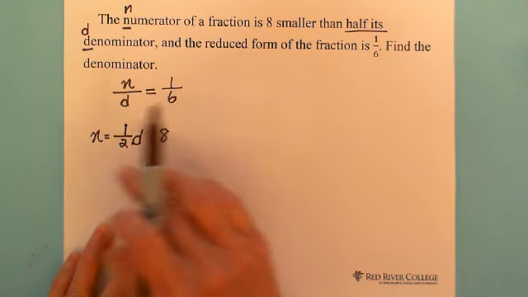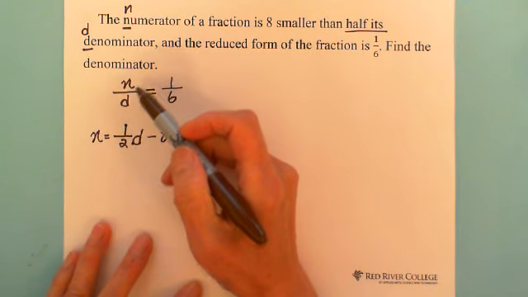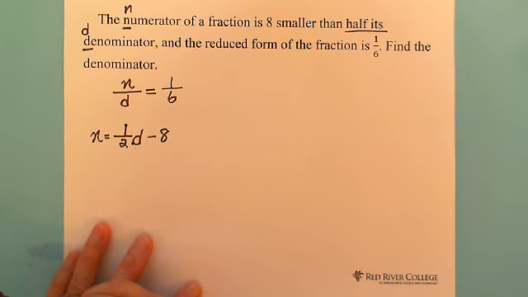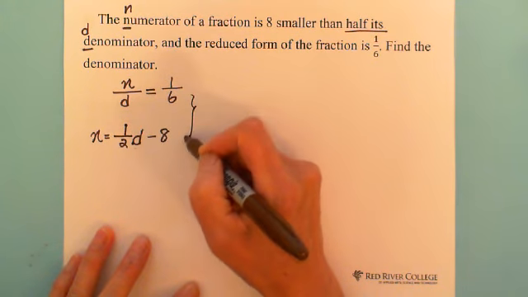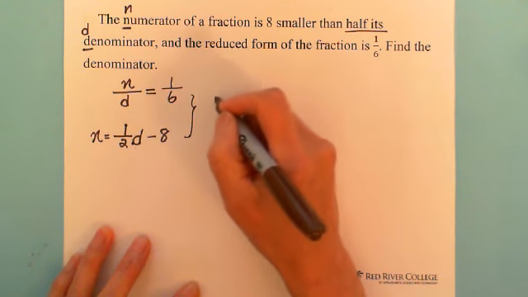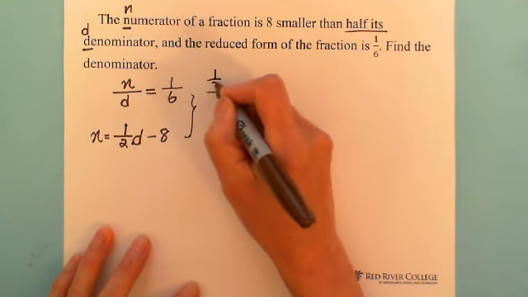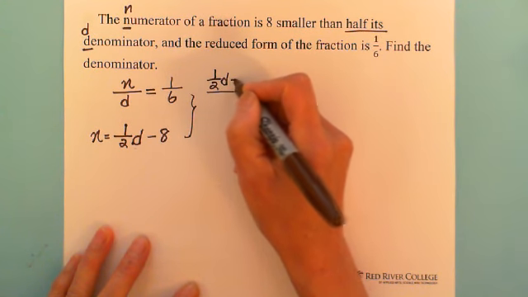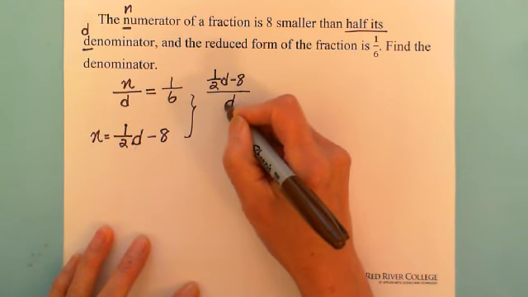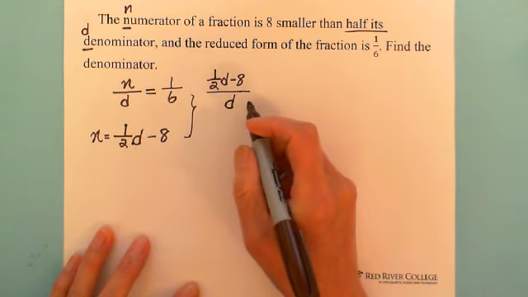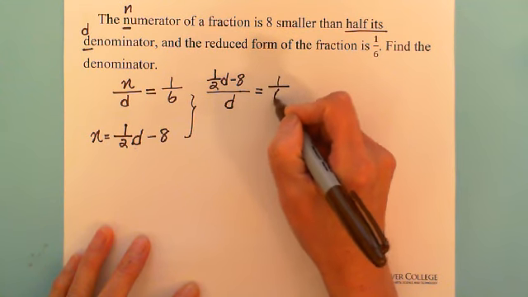Then we can put this information into the equation: (1/2 d minus 8) over d equals 1/6.